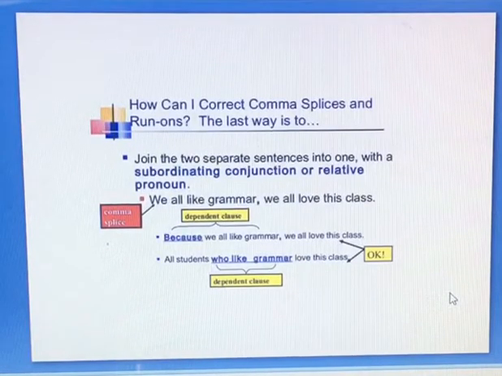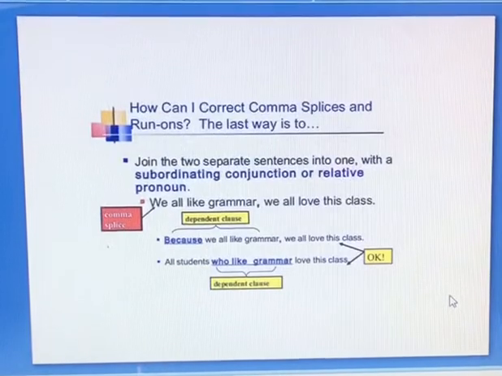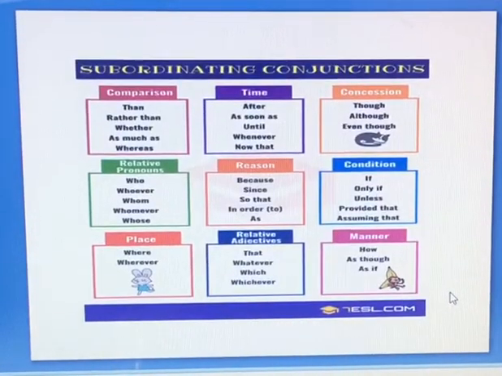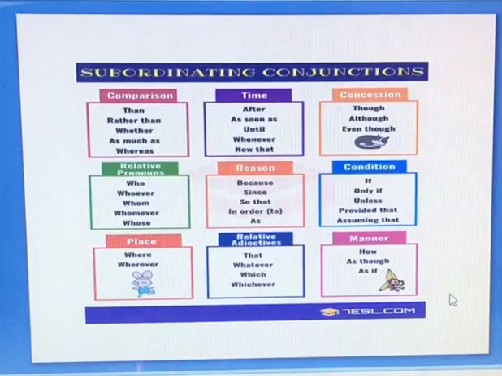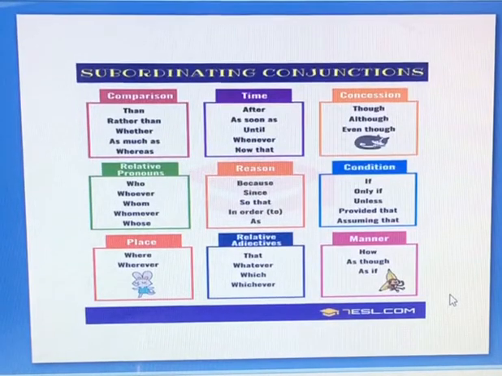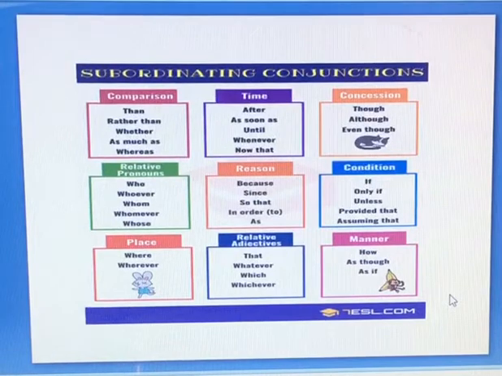I can correct it either by using because: because we all like grammar, comma, we all love this class, or all students who like grammar love this class. Some subordinating conjunctions are than, after, although, who, because, only if, where, whatever, and as though.